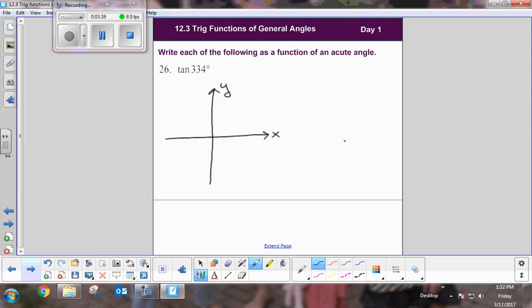So starting on the positive x-axis and rotating all the way around, we have 90, 180, 270, all the way to 334 degrees. So from here all the way to here is 334 degrees, right?